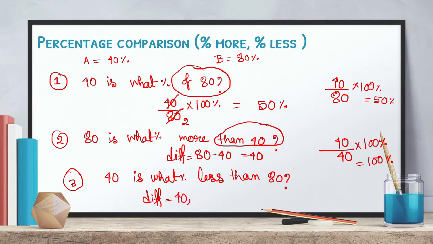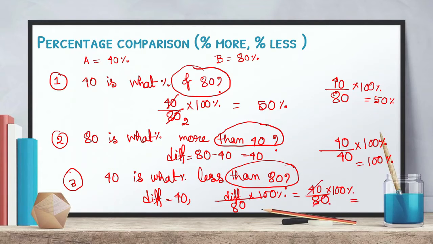Whatever comes after "than" will go to the denominator. So the difference will be in the numerator, and the denominator will be 80, cross 100%.